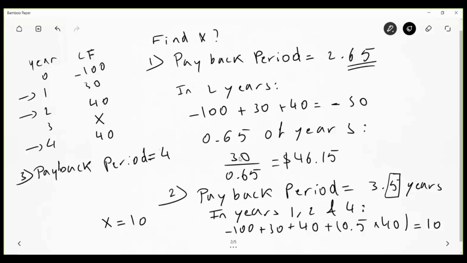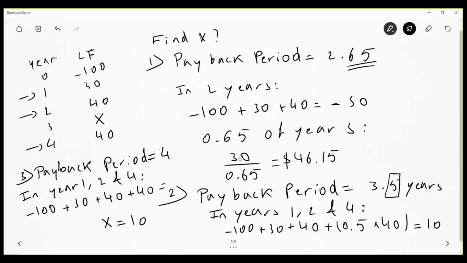So in this case, I do the same. I find how much I did recover in years 1, 2, and 4. So here I have minus 100 plus 30 plus 40 plus 40.